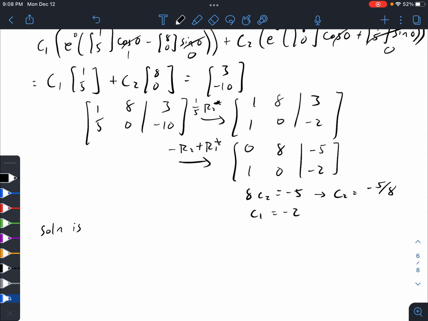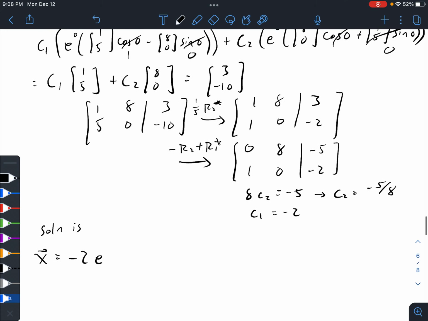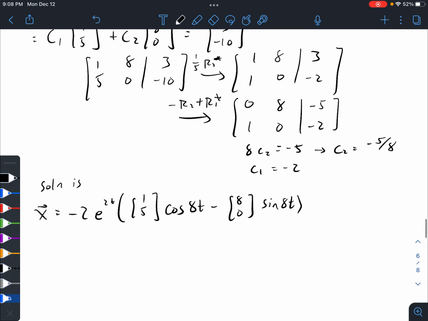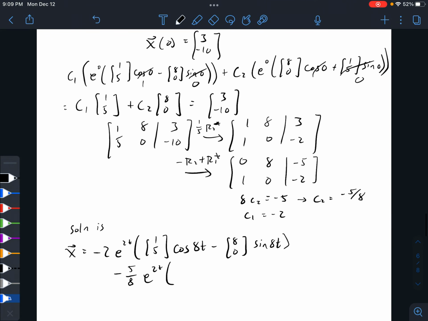So our solution is x equals c1 e to the 2t (1, 5) cosine of 8t minus (8, 0) sine of 8t, minus 5 over 8, because that's our c2, e to the 2t. I'm pretty much just copying from this line.